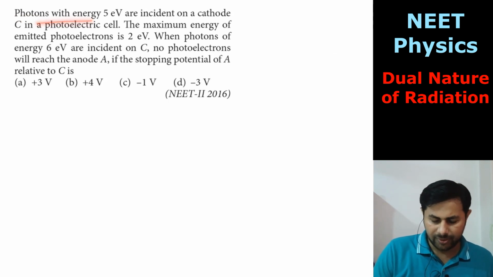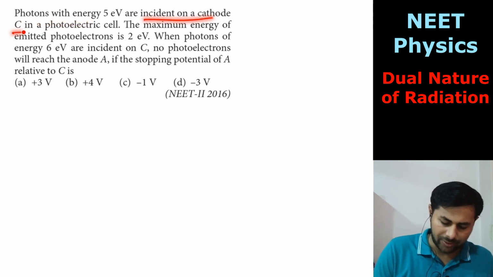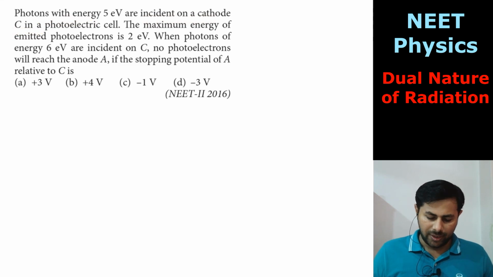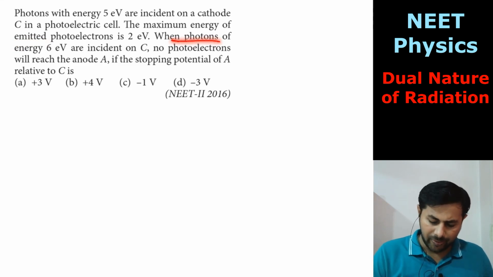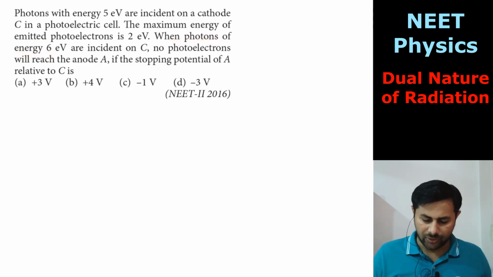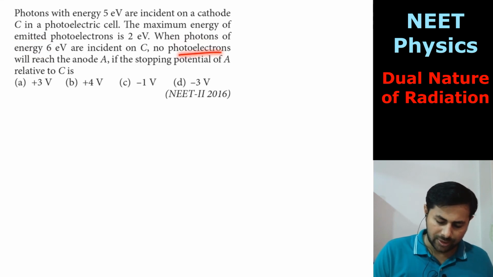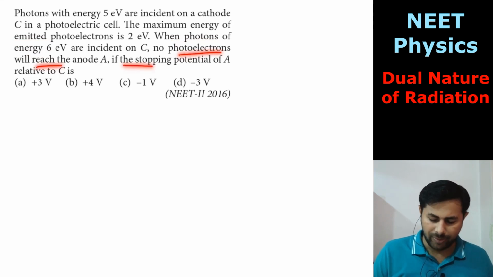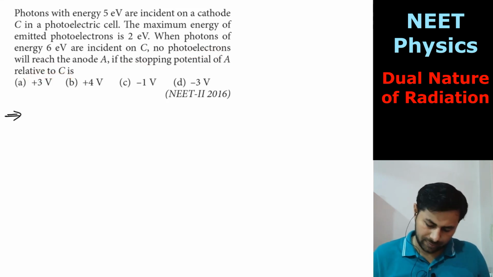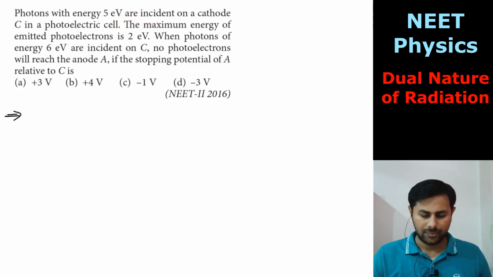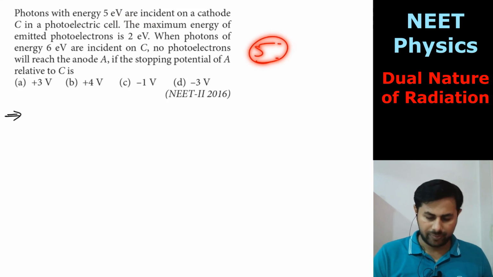Photons with energy 5 electron volt are incident on a cathode in a photoelectric cell, the maximum energy of emitted photoelectrons is 2 electron volts. When photons of energy 6 electron volt are incident on C, no photoelectrons will reach the anode if the stopping potential of A relative to C is, tell me. Photons with energy 5 electron volt are incident on a cathode.